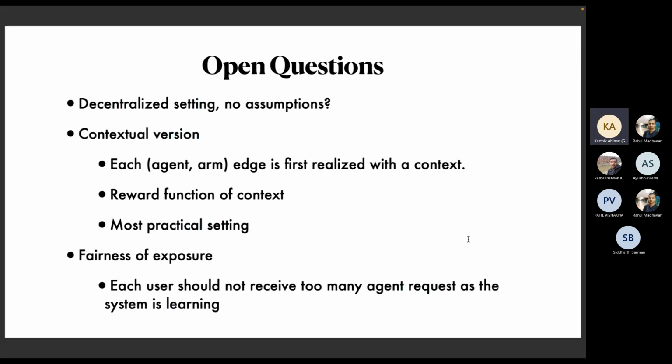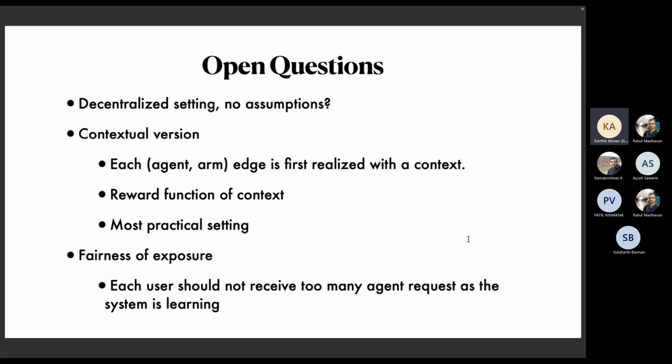The more important question from a more practical sense, in my mind, is the contextual version. Right now there are agents, there are arms, and there is reward. But typically each of these edges is associated with some large context, which depends on both the agent and the arm, and the reward is a function of this context.